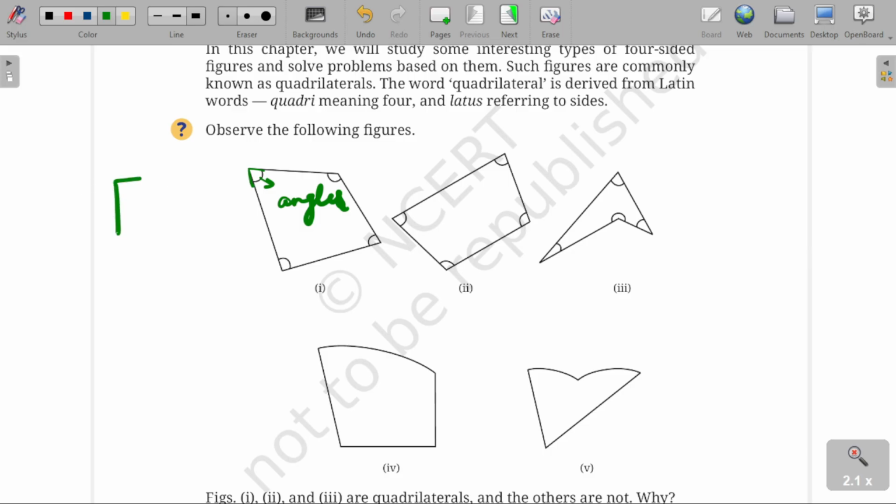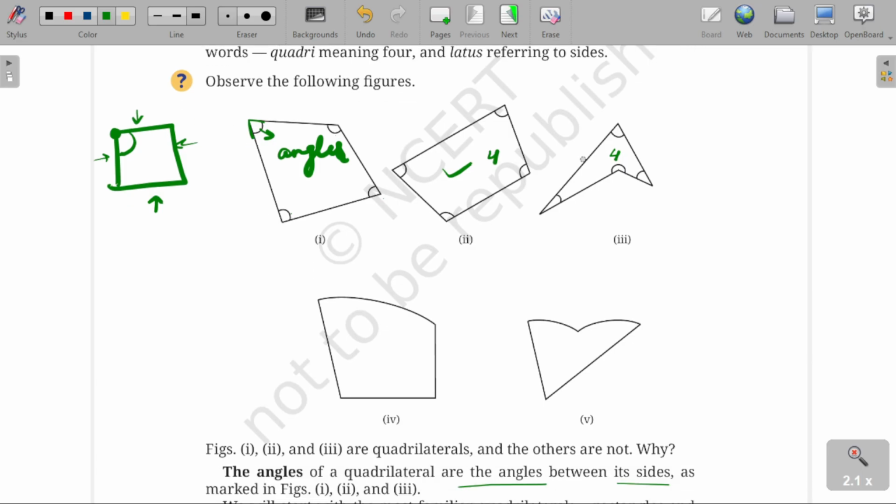I have a quadrilateral here. These are four arms, right? When two adjacent arms meet at a point, they form an angle there. So there are four angles in every figure. These are called the angles of the figure.